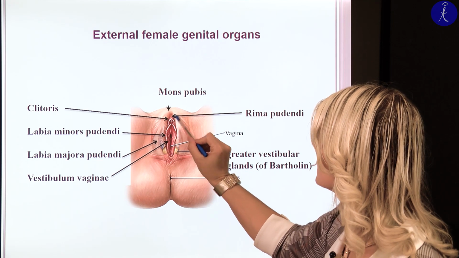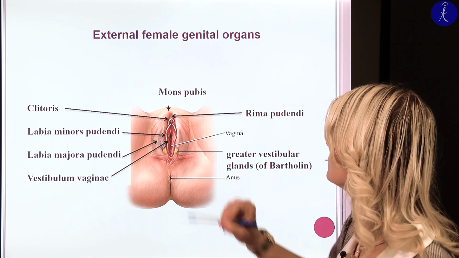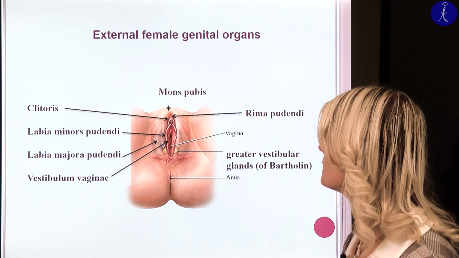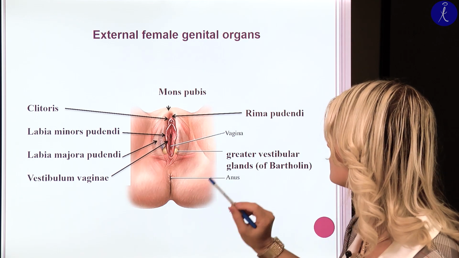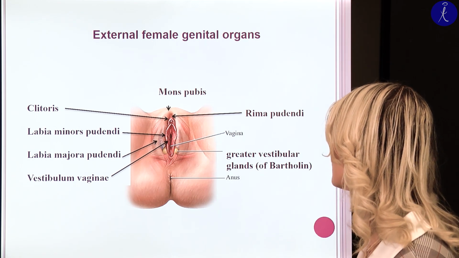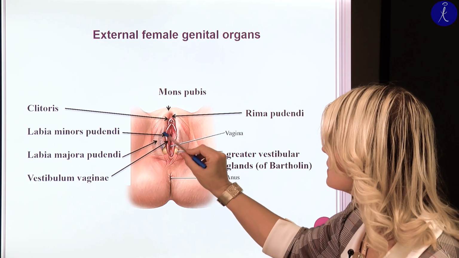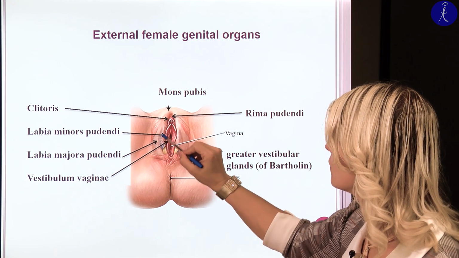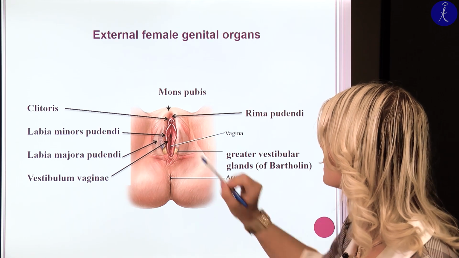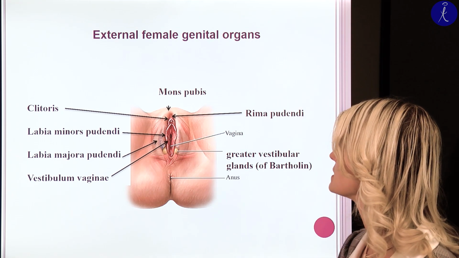Here you can see the clitoris and the frenulum, which covers it. Into the vestibule open the greater vestibular glands, and there we can also see the vestibular bulb, which surrounds the vestibule.